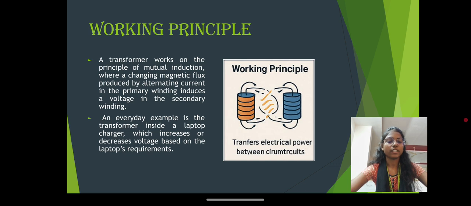The ratio of voltages depends on the number of turns in the primary and secondary windings. This is known as the turns ratio. For example, if the secondary winding has more turns than the primary, the transformer becomes a step-up transformer.